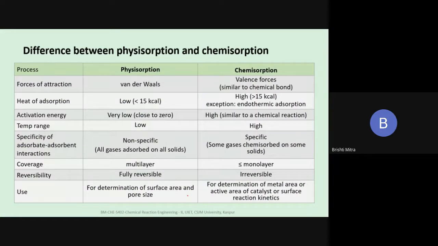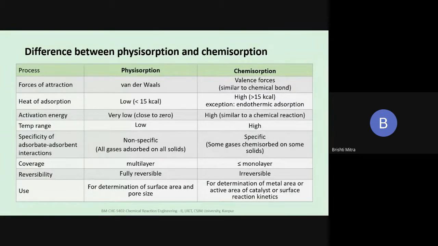Now, putting all these properties together, we have this table which shows us the difference between physisorption and chemisorption. So what are the properties that we're talking about? In terms of forces of attraction, for physisorption the forces involved are van der Waals forces, and in the case of chemisorption, the forces involved are known as valence forces.